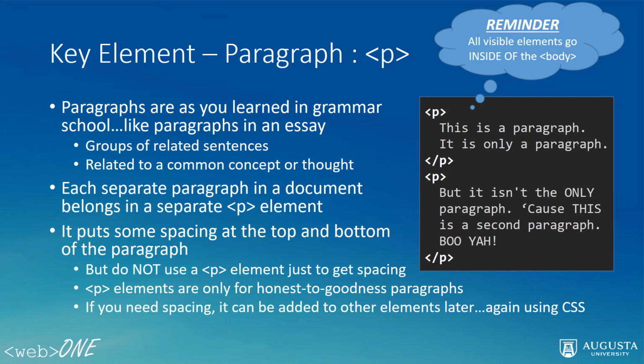Again, the semantic meaning of the P tag is to create a paragraph. P elements should only be used for creating paragraphs. If you need spacing, it can be added to other elements later, and we will learn it when we talk about CSS.